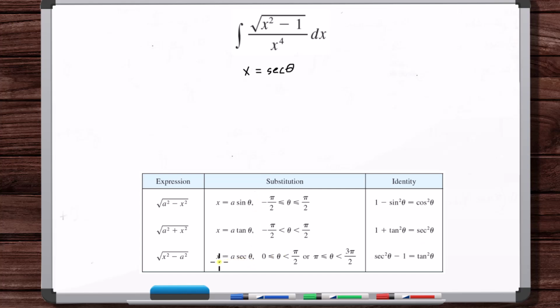So in this case, we're making this substitution with the assumption that theta is between 0 and pi over 2, or between pi and 3 pi over 2. This is just something to keep in mind. For example, if we were evaluating a definite integral and we updated the limits of integration when we made the substitution, you want to check that your limits of integration are still within the domain.